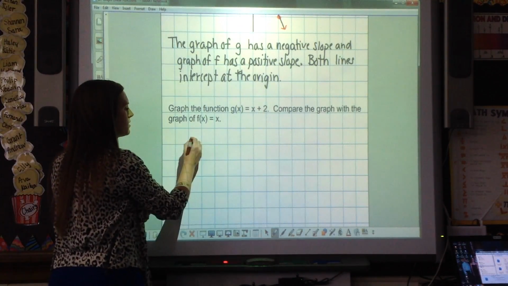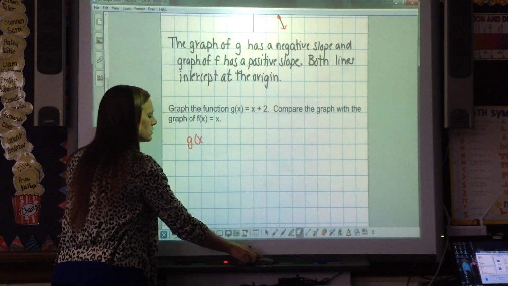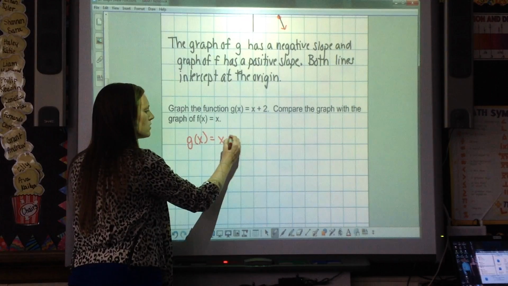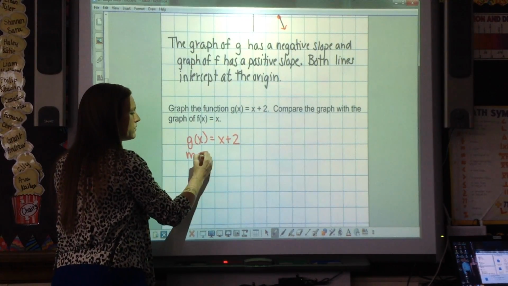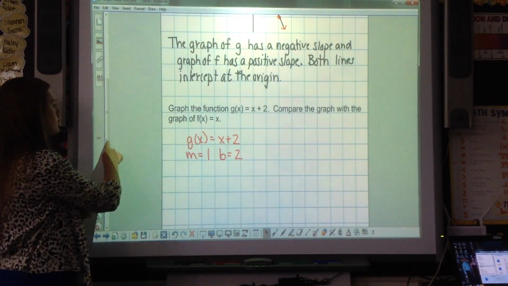We're going to graph this one. G of x. My slope is 1. My y-intercept is 2. I'm going to graph that information first.